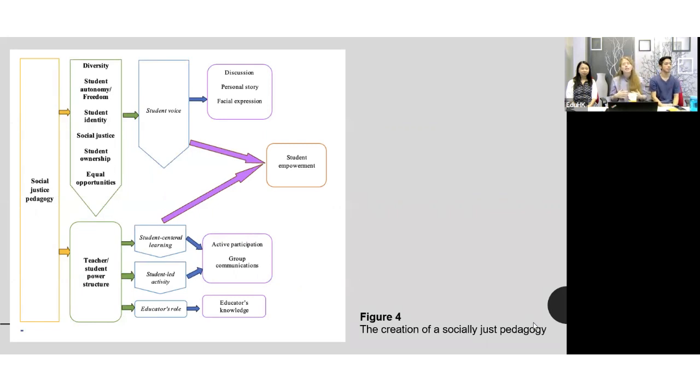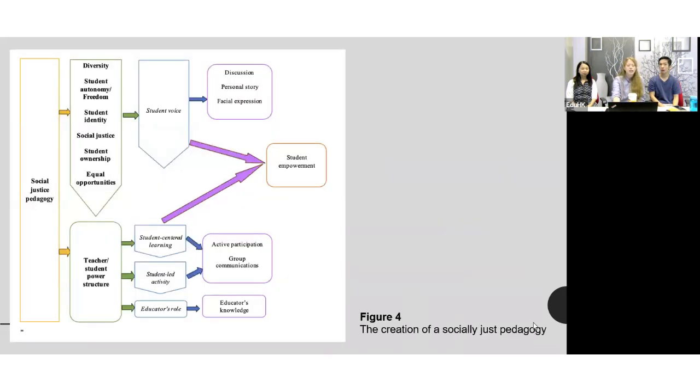When we talked to students and asked them how they understood these concepts and ideas, they tended to mesh them together quite a lot. They didn't see student freedom and equal opportunities as being so different from each other. So keep that in mind. The terms that they use overlap quite a bit, as we will see.